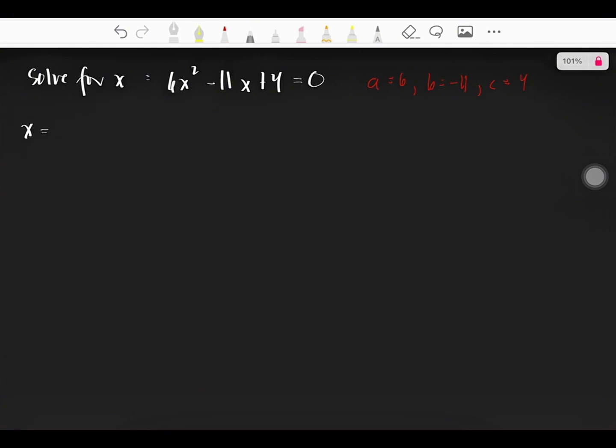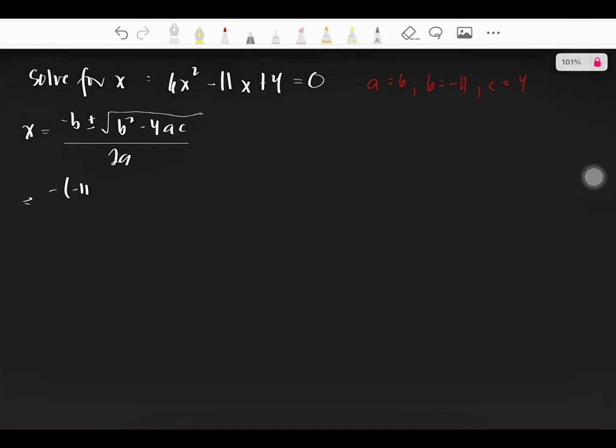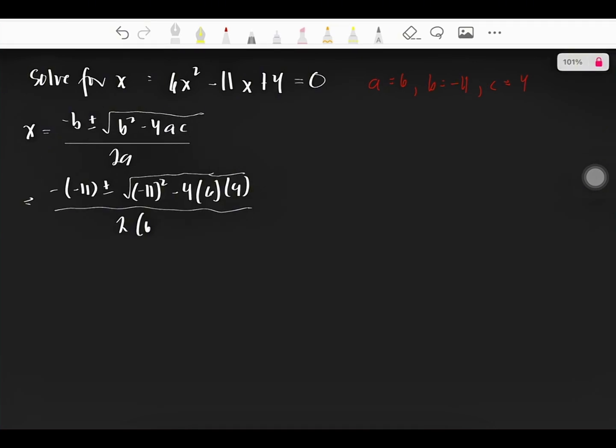So again, let's use the quadratic formula, which is negative b plus or minus the square root of b squared minus 4ac, all over 2a. So let's plug in our a, b, and c, where we have negative quantity of negative 11 plus or minus the square root of negative 11 squared minus 4 times 6 times 4, all over 2 times 6.